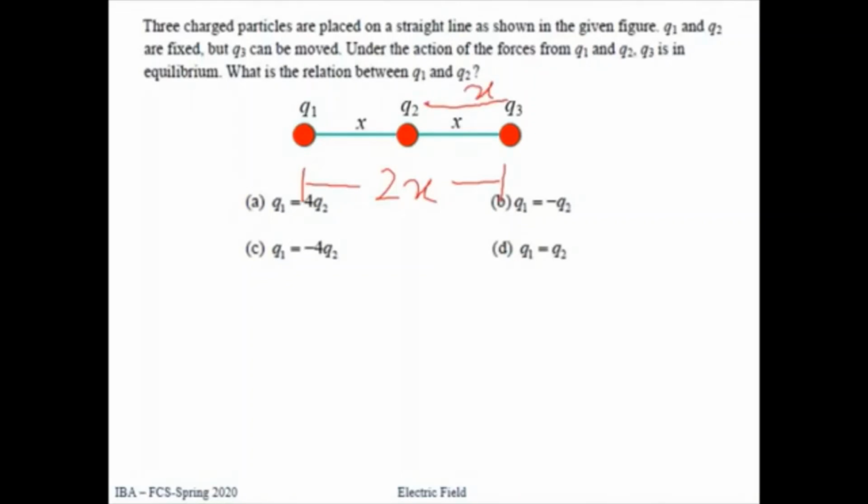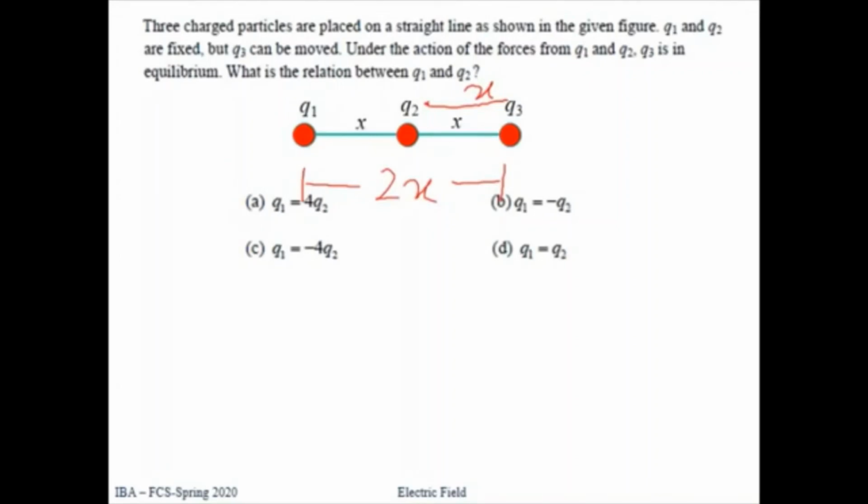In order to find the force from Q1 on Q3 and Q2 on Q3, we just use Coulomb's law. But keep in mind, for Q3 to be in equilibrium, the forces from Q1 and Q2 must be equal to each other.